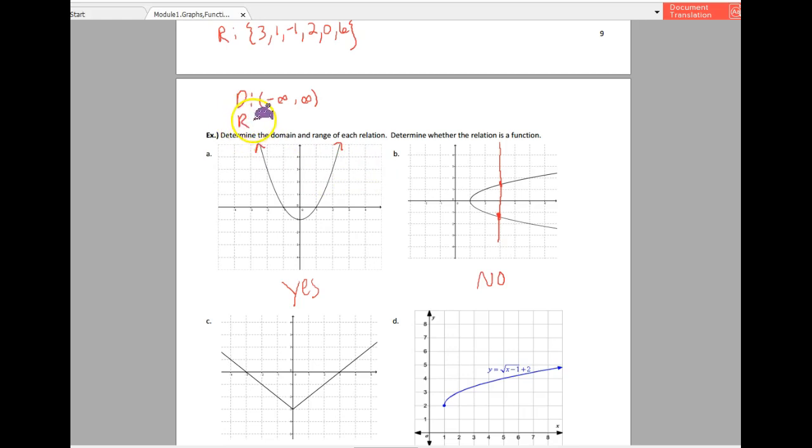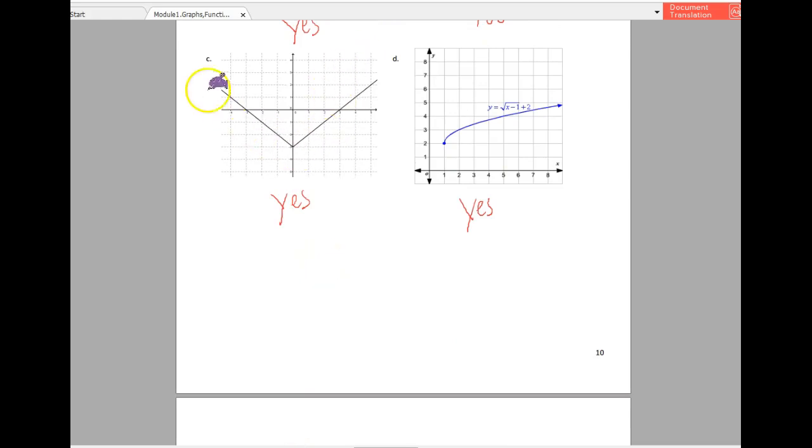The range is going to be the lowest to the highest point. So lowest is here, and then it's going to go up forever. So the lowest point, which I am including, because it does hit this point, is -1. And it's going to go up forever, so I'm going to say up to positive infinity. This was not a function.